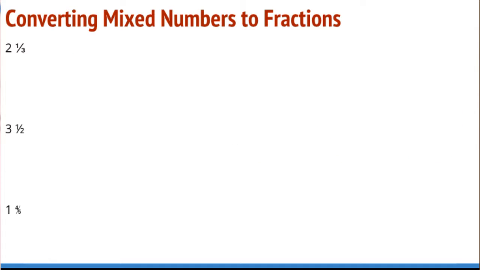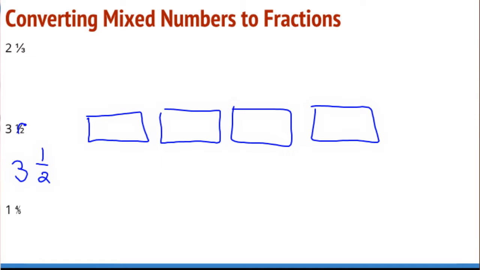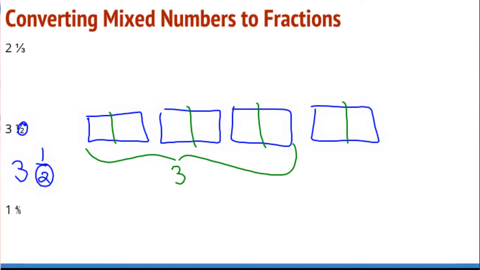All right, looking at another example, 3 1/2. 1, 2, 3. I've got 3 1/2, and I'm going to make halves because the denominator is for halves. So here are my halves. Here are my 3 wholes. Here is my half.